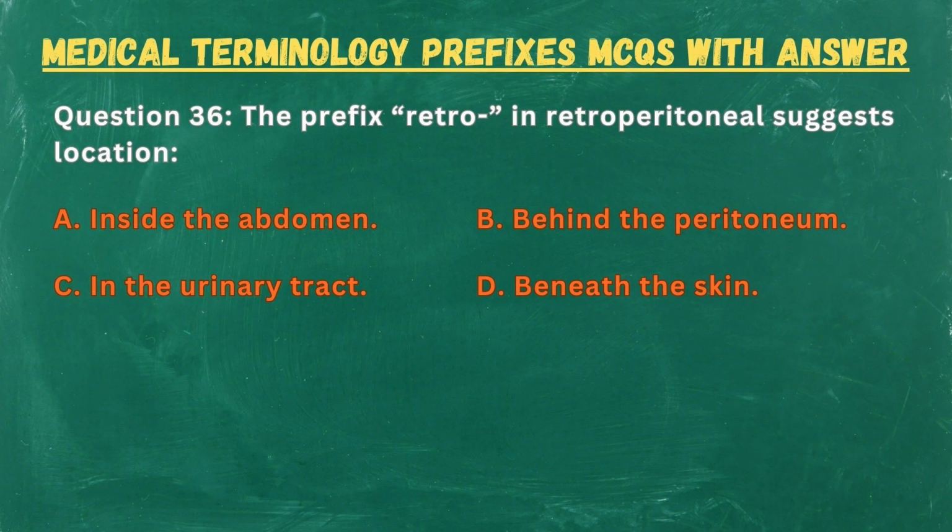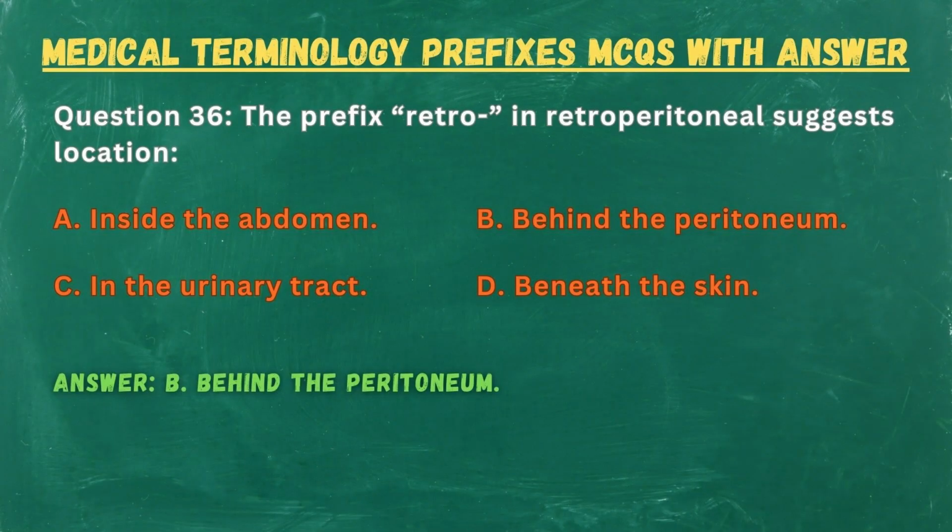Question 36. The prefix retro- in retroperitoneal suggests location: A. Inside the abdomen. B. Behind the peritoneum. C. In the urinary tract. D. Beneath the skin. Answer: B. Behind the peritoneum.